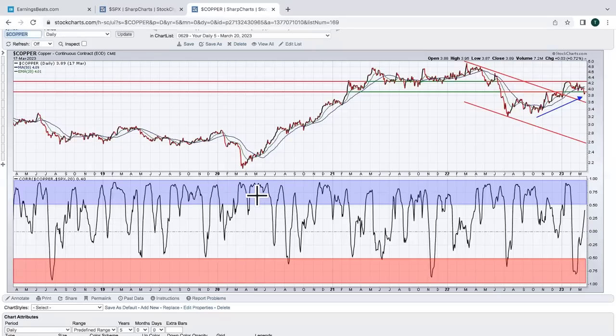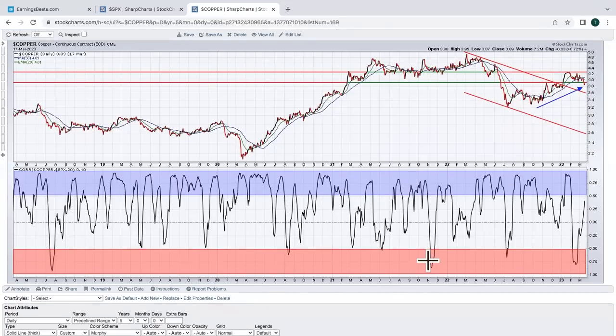If copper is moving up, chances are the S&P is going to move up. If copper is moving down, chances are the S&P is going to move down. That's why we have all of this positive correlation. To the downside, we have inverse correlation, significant inverse correlation periodically, but not very often.